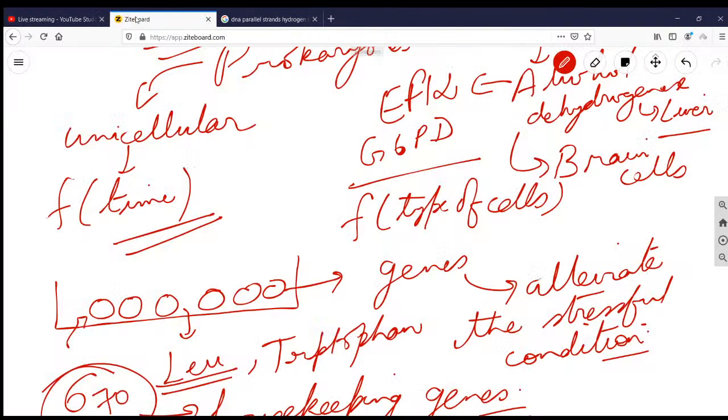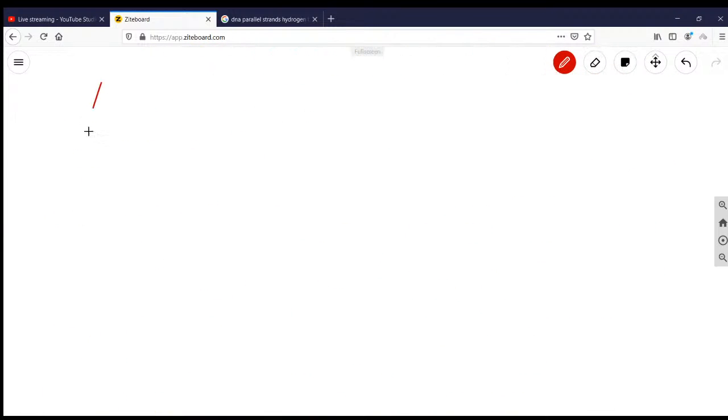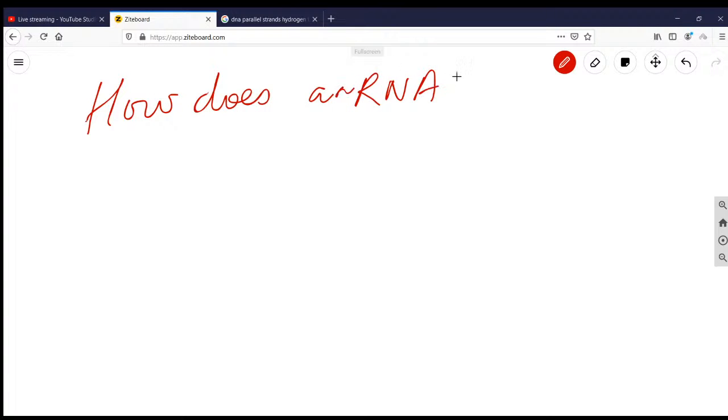Okay, good. So now we'll be shifting our focus to how an RNA polymerase finds the promoter sequence.